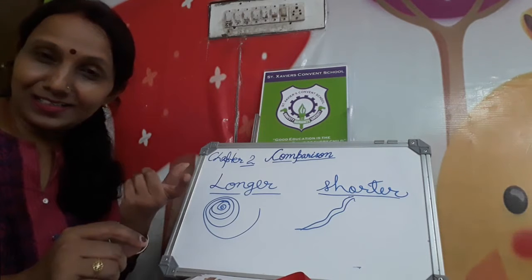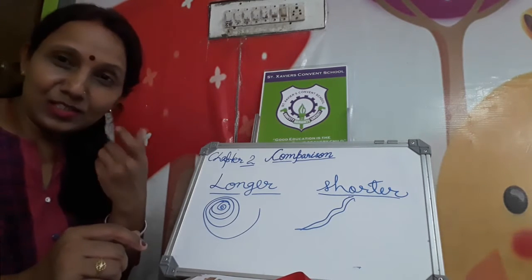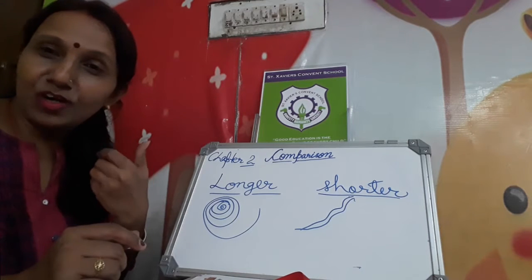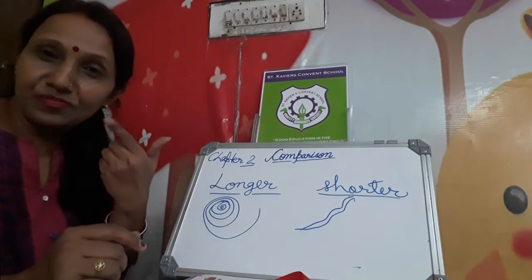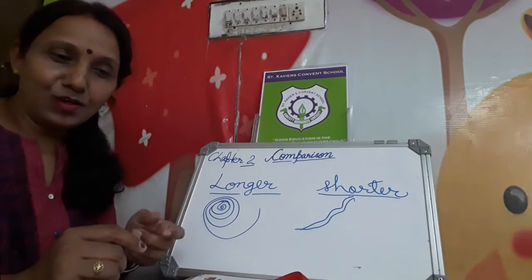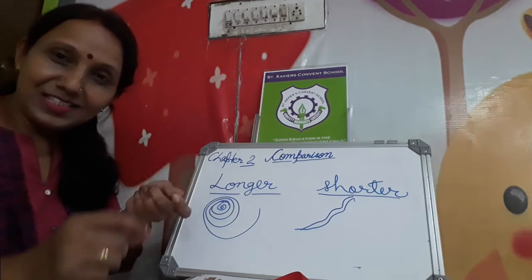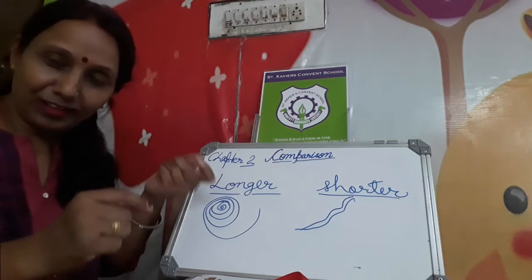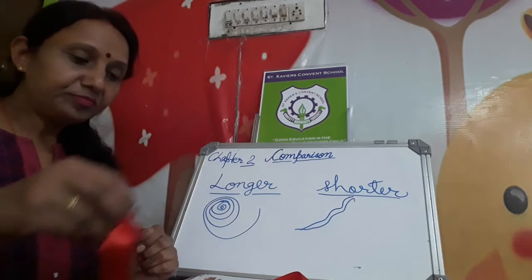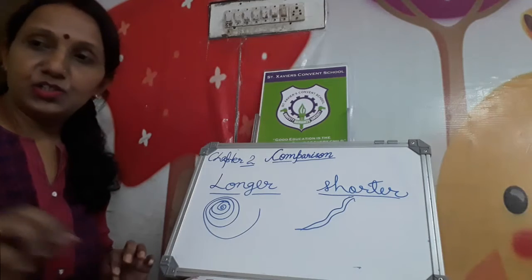I say once in a month only, for a change you can eat noodles, but this is not healthy. For a change of taste you can eat it. So what you see there is some longer noodles and some shorter. Got it?